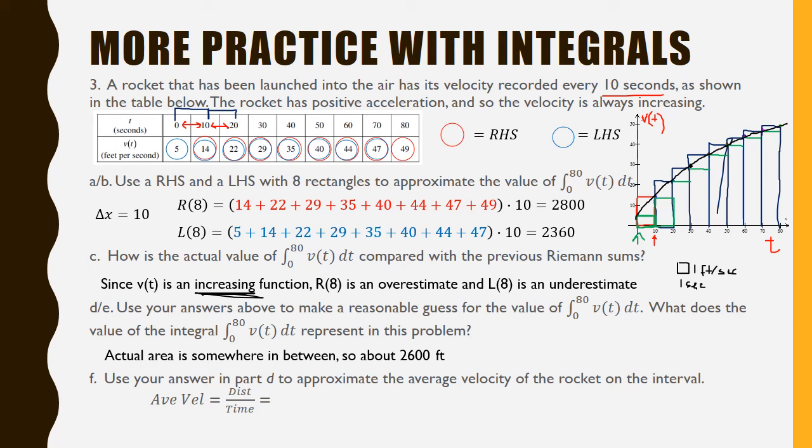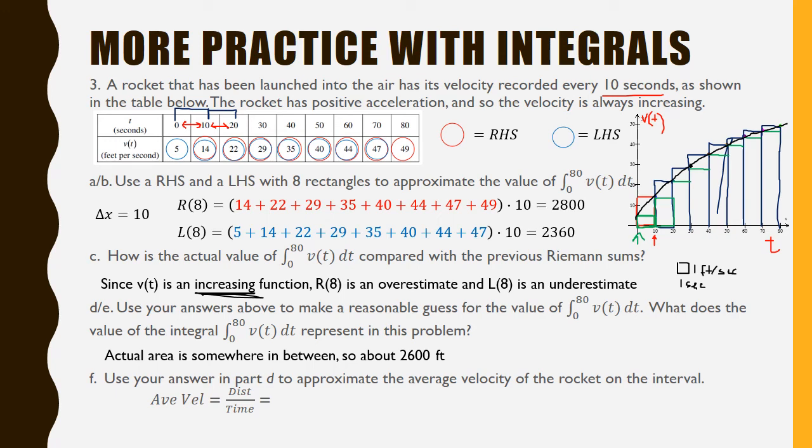The last question is kind of interesting, and I gave you the formula for it. It says, use your answers to approximate the average velocity of the rocket on that interval. So not the velocity the rocket went the whole time, because that's always changing, but on average. You might be used to finding an average by adding up a bunch of numbers and dividing by how many there are, but here it's different.